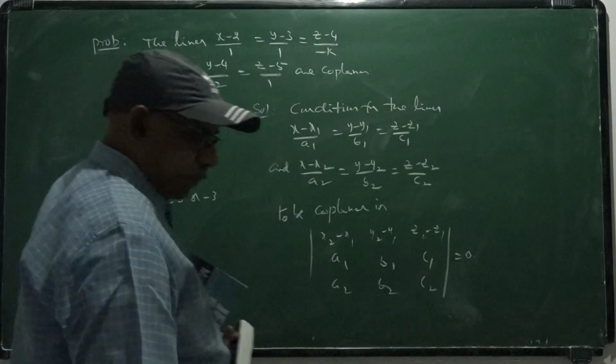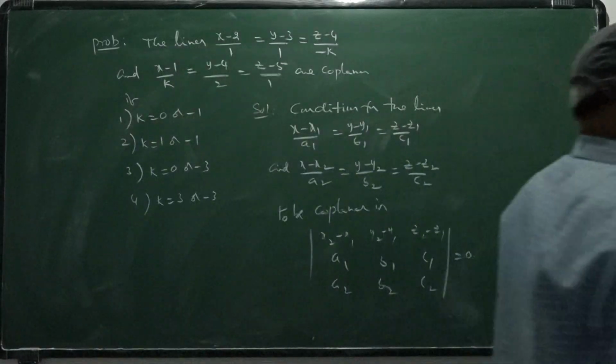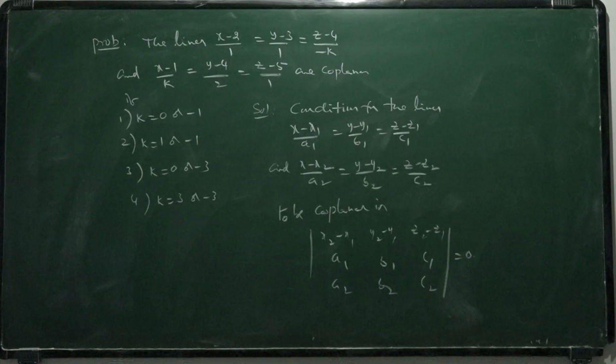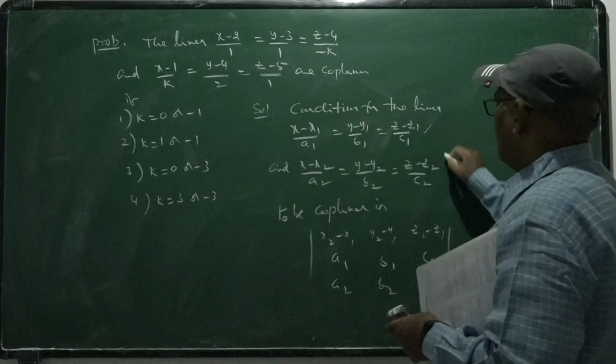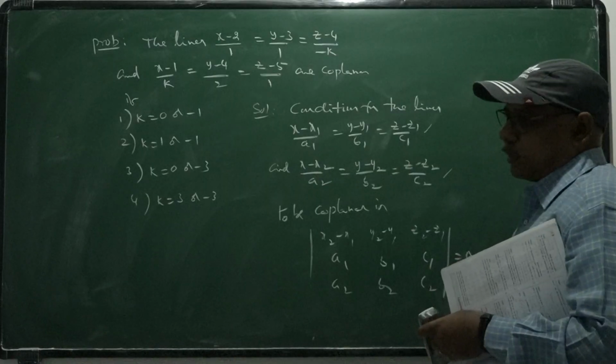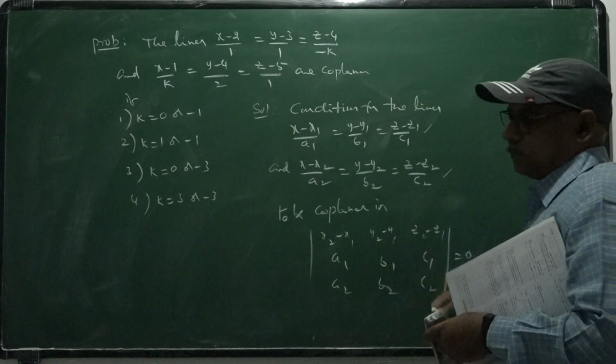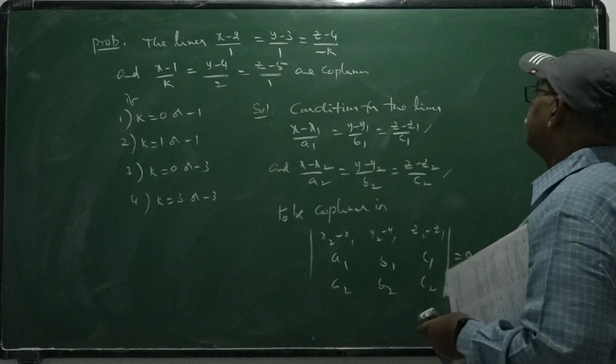This is the condition for the given two lines, in their Cartesian forms, to be coplanar. The determinant value is 0.